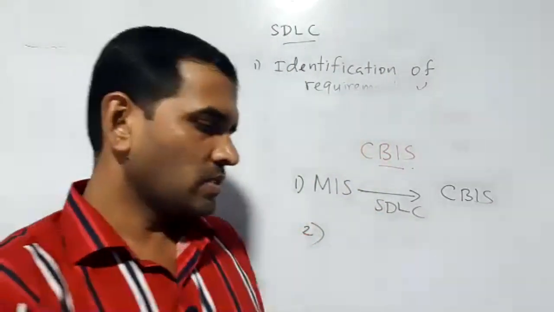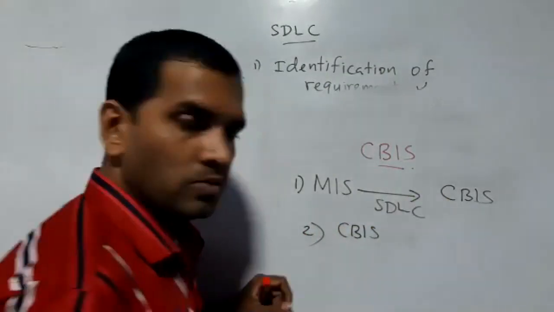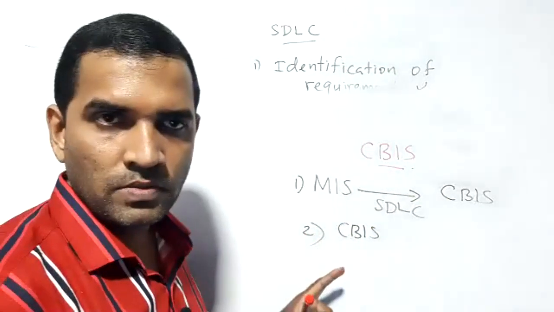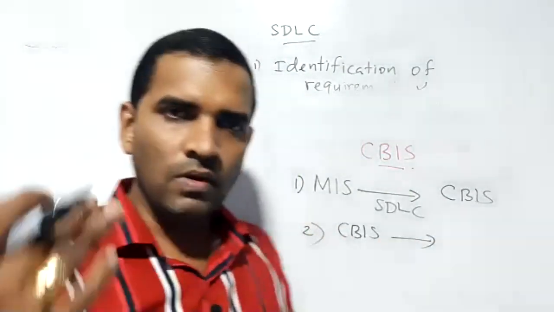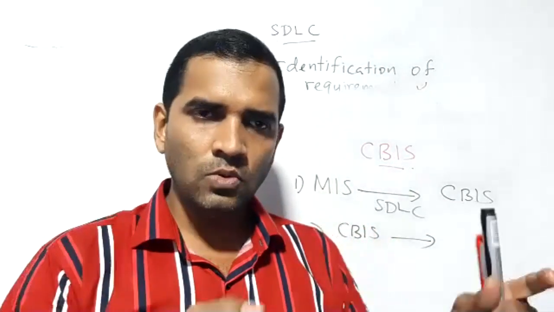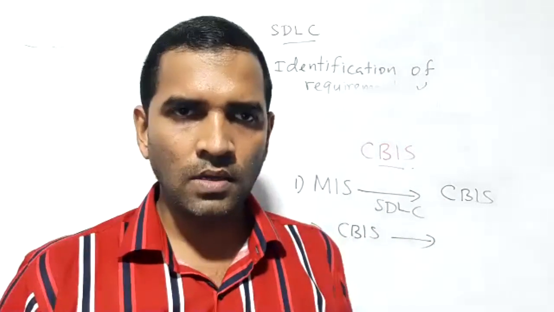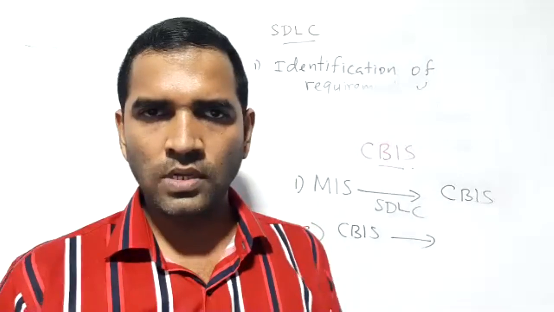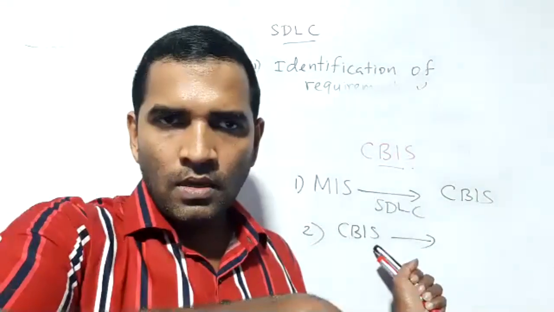So you have a CBIS now. Try thinking like that, right? You have a computer-based information system now, but you need a further developed CBIS. That is practical, right? Even though you have a computer-based information system, you need some improvement there. Look here, you might have developed this CBIS years ago.